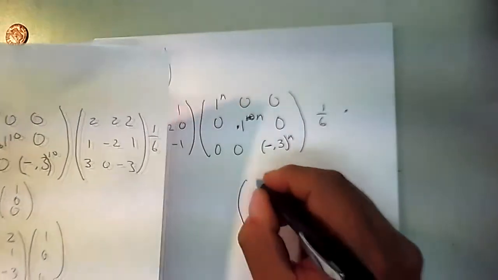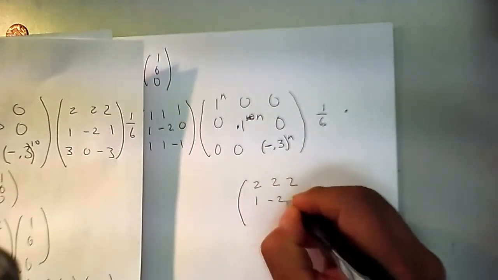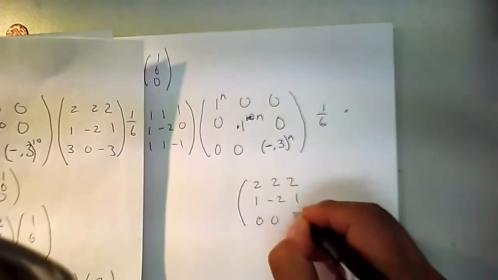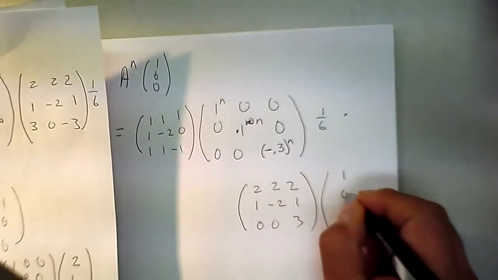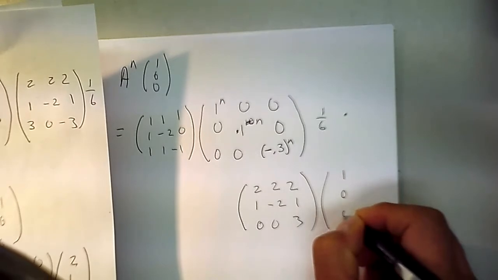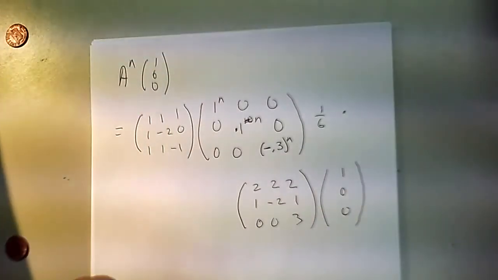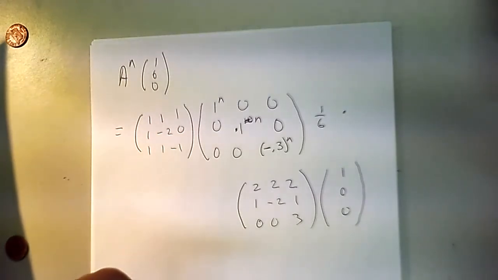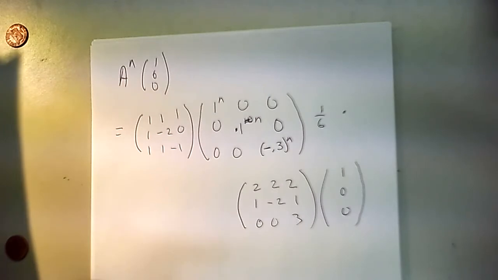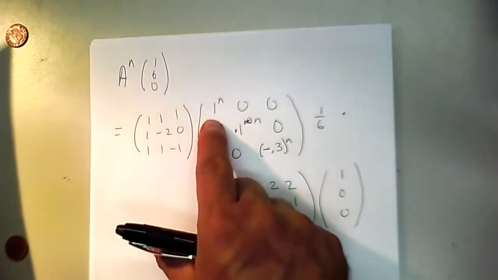And then we're going to have 2, 2, 2, 1, negative 2, 1, 0, 0, 3 times (1, 0, 0). I'm hesitating because I see a 1 here.